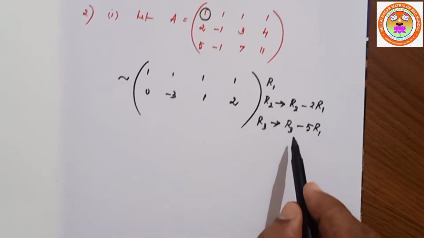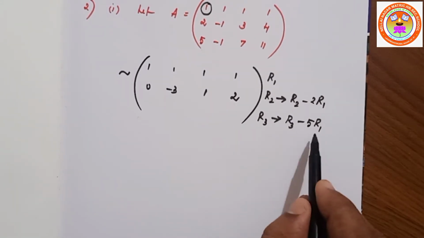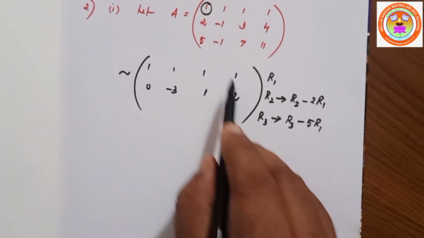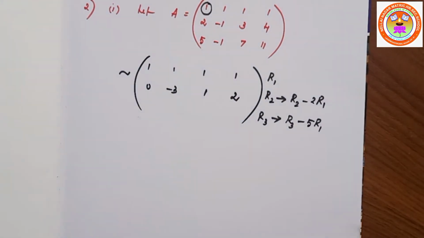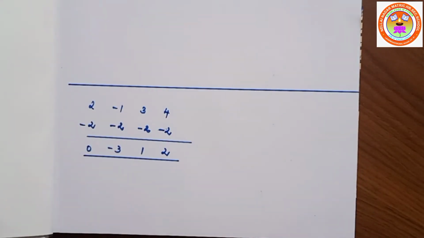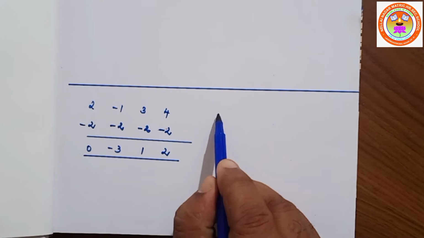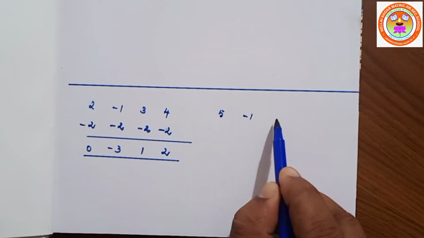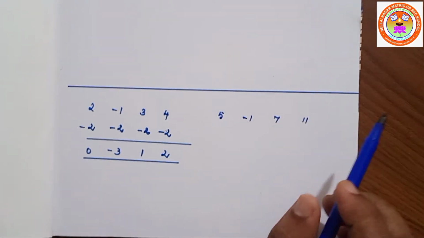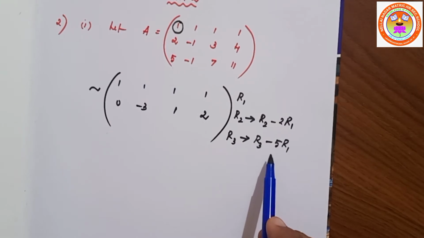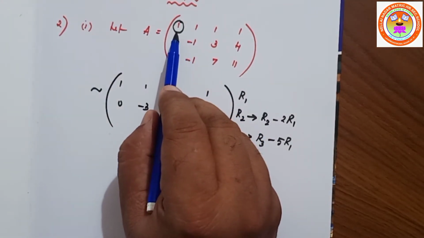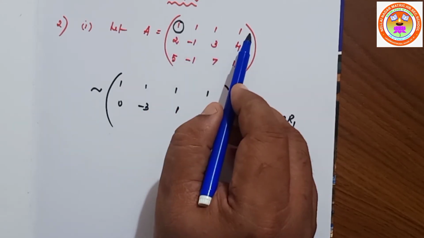Next one, R3 implies R3 minus 5 R1. First write R3. R3 here it is 5, minus 1, 7, 11. And R1 should be multiplied by minus 5. If you multiply by minus 5, you will be getting minus 5, minus 5, minus 5, minus 5.